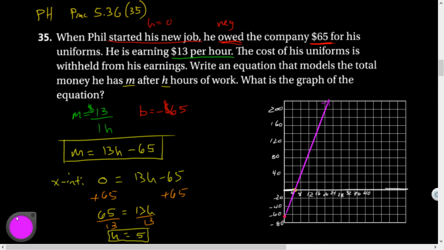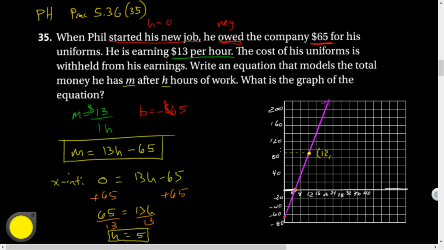So let's see. What is the graph of the equation? We got it. Write an equation that models the money. We got it. Let's actually analyze some of this data. All right. What happens here? What does that point appear to be? Yeah, so 12.